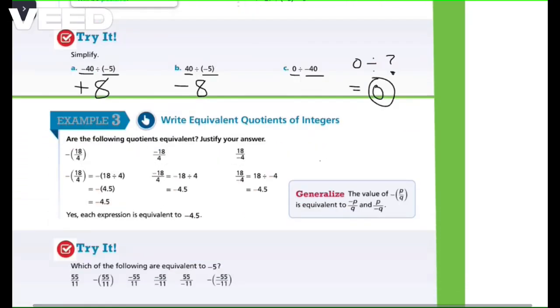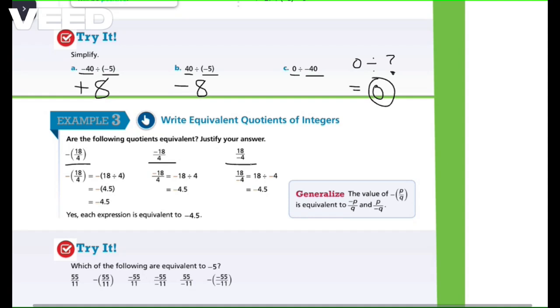It says write equivalent quotients of integers. The question says, are the following quotients equivalent? Justify your answer. So they have one quotient here, another quotient here, and a third quotient here. Remember, quotient is just the answer to a division problem.